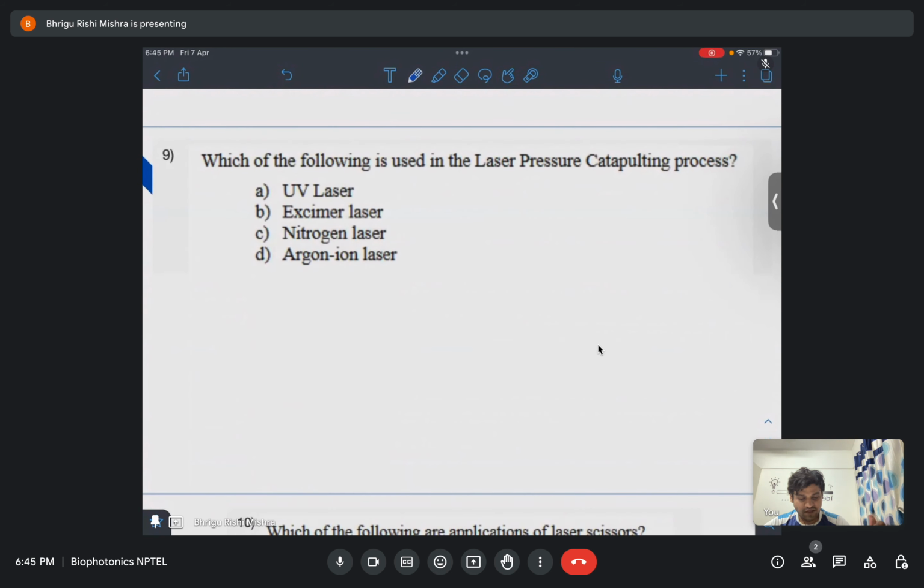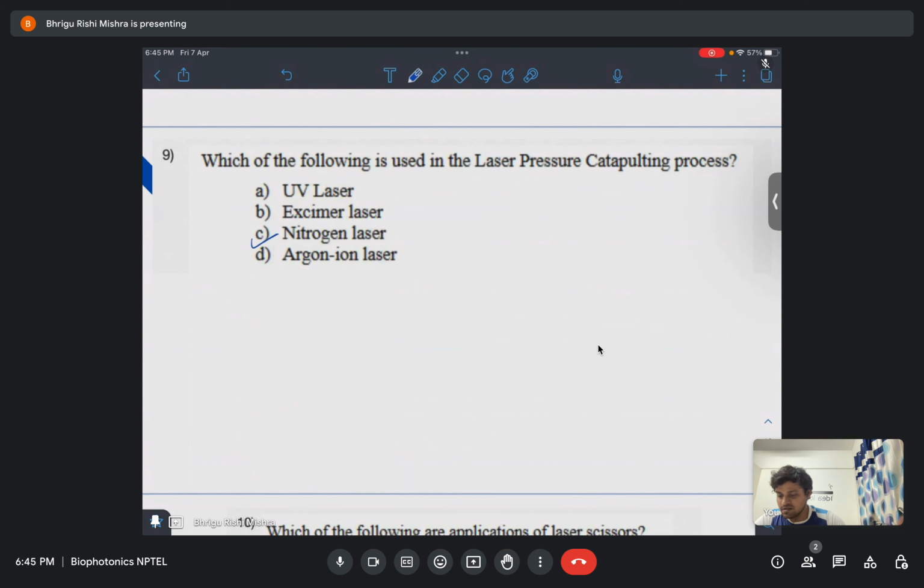Which of the following is used in the laser pressure catapulting process? So the laser pressure catapulting process, nitrogen laser is used. So what is laser pressure catapulting process? So first let's discuss. It is basically the microdissection.